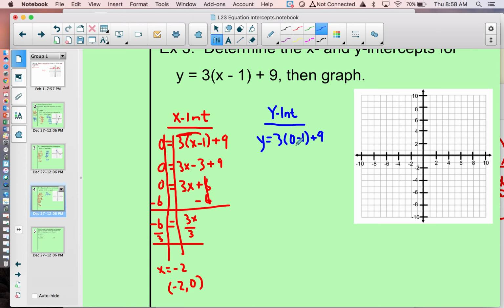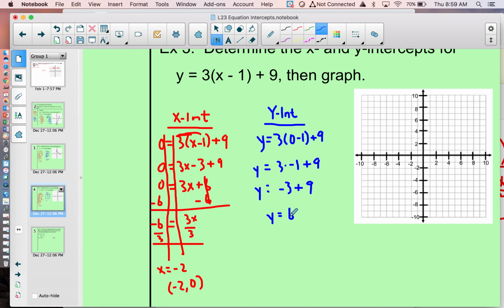I'm going to do our order of operations 0 minus 1 in here first. This is 3, and this is times negative 1. And we're going to add 9. 3 times negative 1 is a negative 3, so we have a negative 3 plus 9, and we get y equals 6.